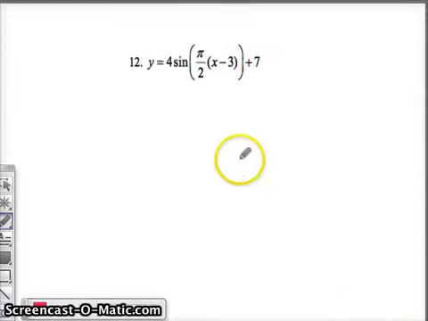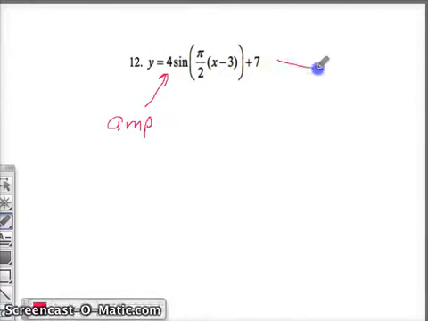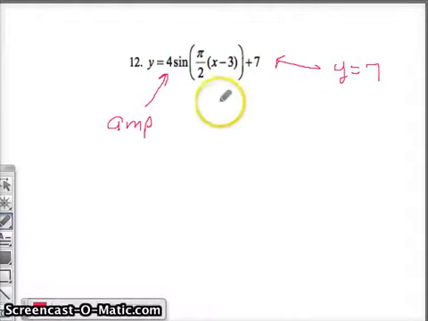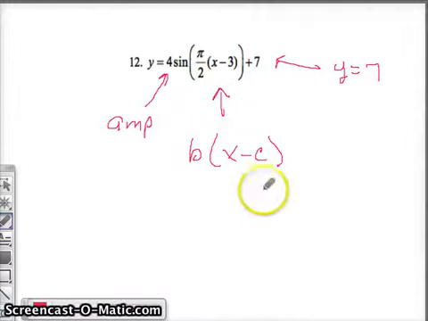All right. Now, this question says find the amplitude, horizontal shift, everything there. So here you go. First of all, that's the amplitude. We get that. This is a vertical shift, so it's 7. Y equals 7 would be the midline. Now, the difficulty is understanding what this means. That's B times X minus C. Well, that's actually pretty easy.